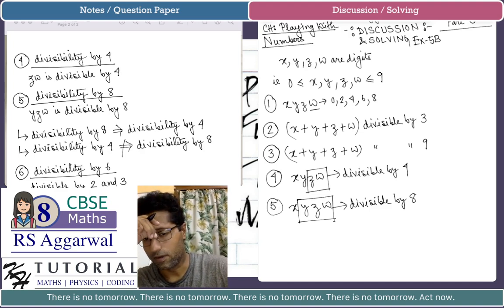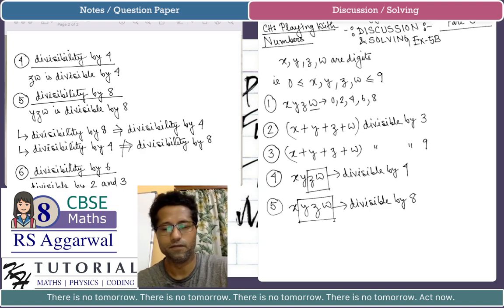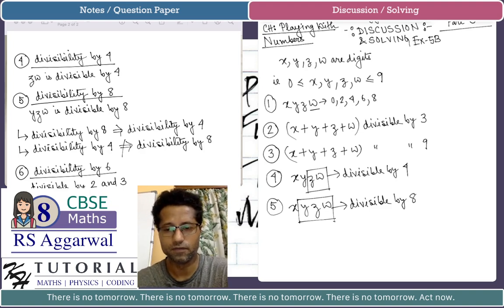On the other hand, if a number is divisible by 8, it will also be divisible by 4, because 8 is nothing but 4 into 2.